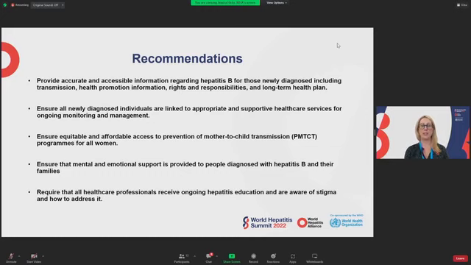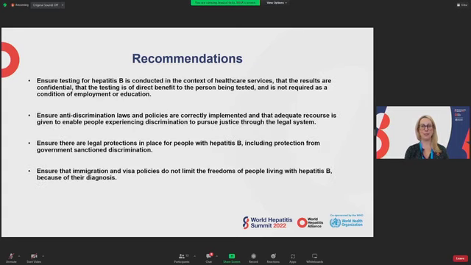Ensure all newly diagnosed individuals are linked to appropriate care and that there's ongoing monitoring and treatment. Ensure equitable and affordable access to prevention of mother-to-child transmission. Ensure mental and emotional support is provided to people diagnosed and their families. Require that all healthcare professionals receive ongoing hepatitis education and are aware of stigma and how to address it. And I think that's really important.